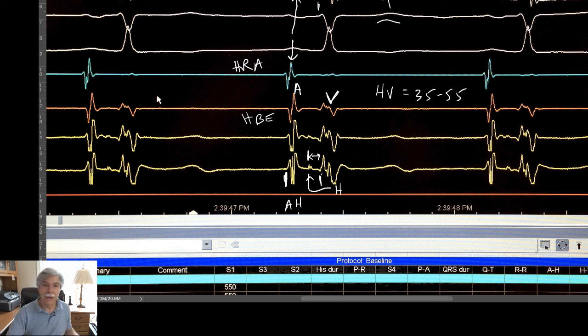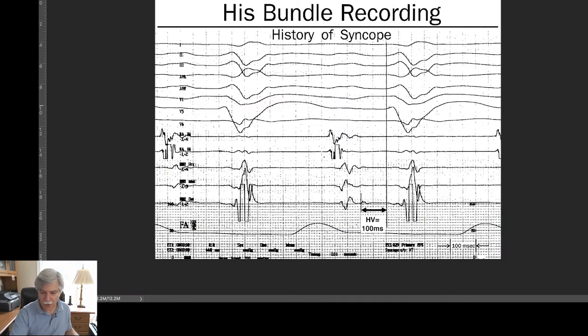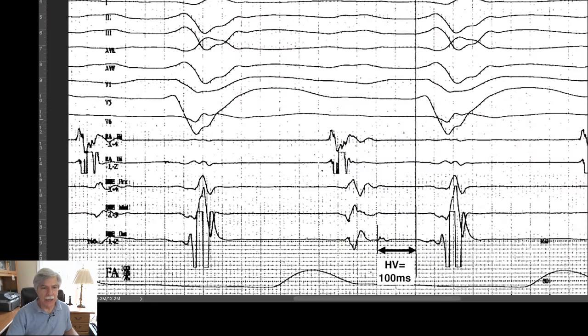So here's a recording from an EP study. If you examine it, here's the His bundle electrogram right here. Here's the atrial signal, the A, and here's the V, and your His bundle is over here.